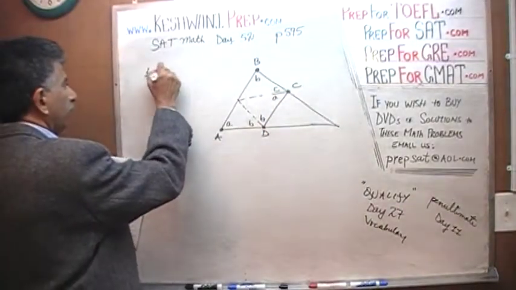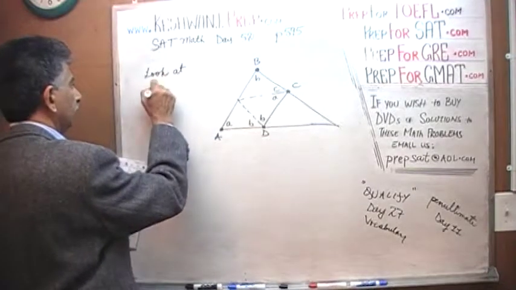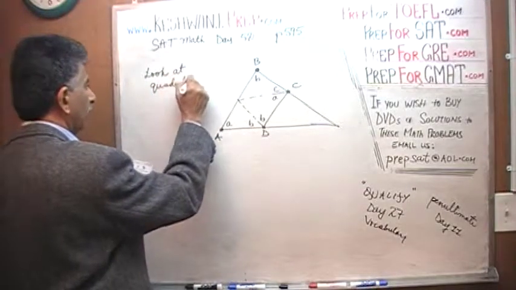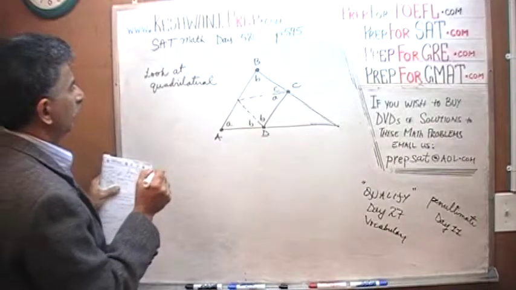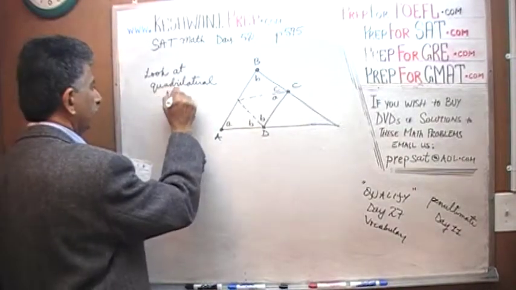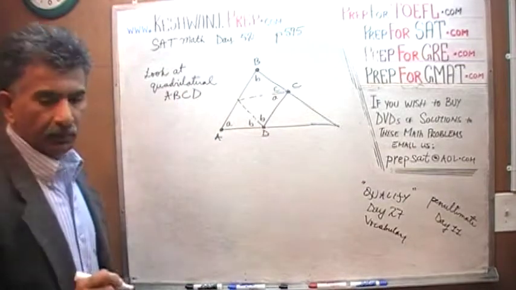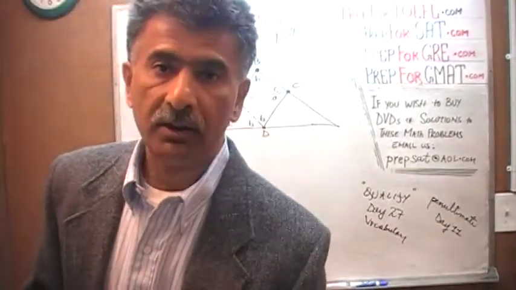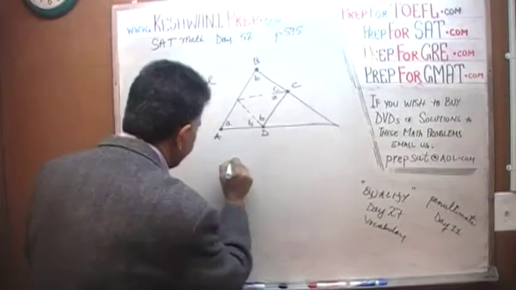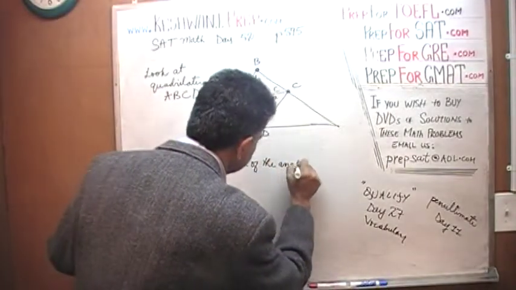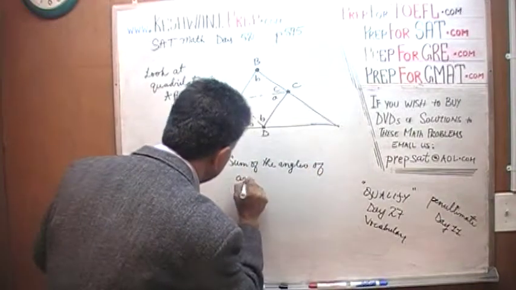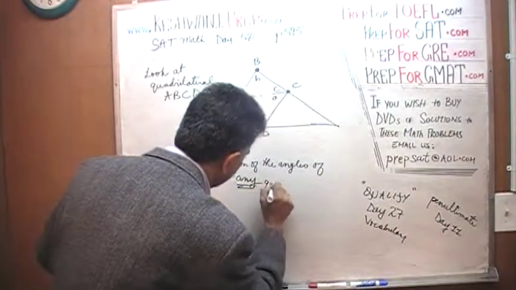I want you to look at quadrilateral A, B, C, D. And what do we know about the sum of the angles in any quadrilateral?